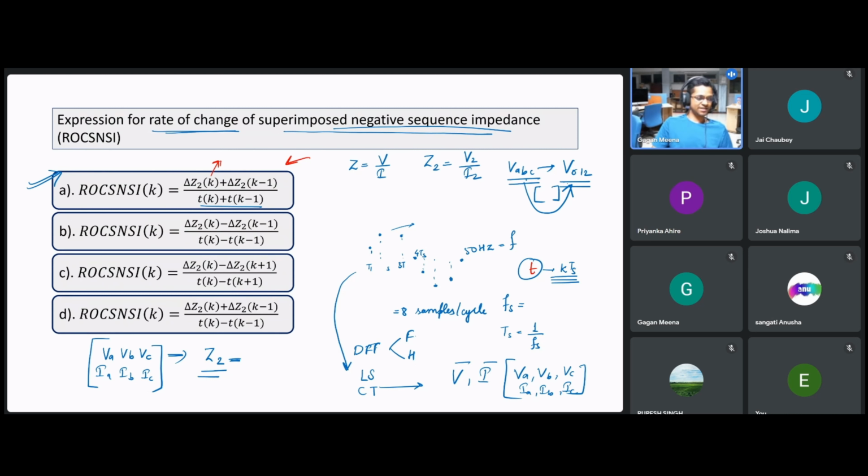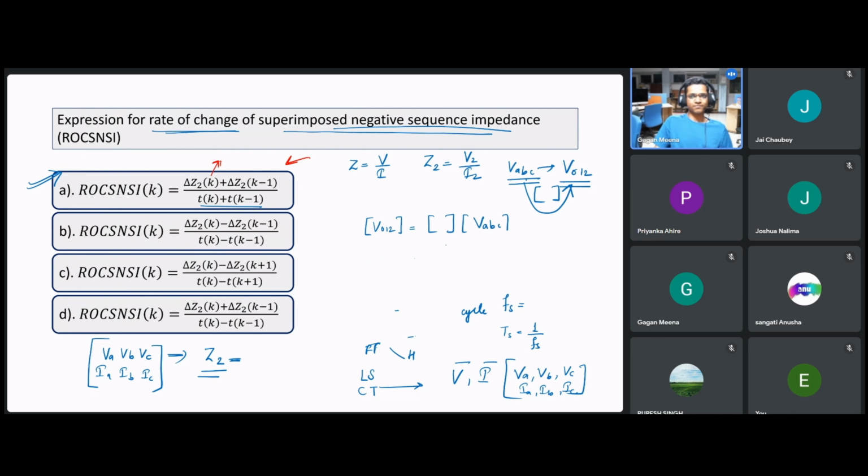So you have the transformation matrix in between. If you multiply the phase quantities VA, VB, VC and the currents IA, IB, IC by this transformation matrix, you can find out the positive sequence, negative sequence voltage.